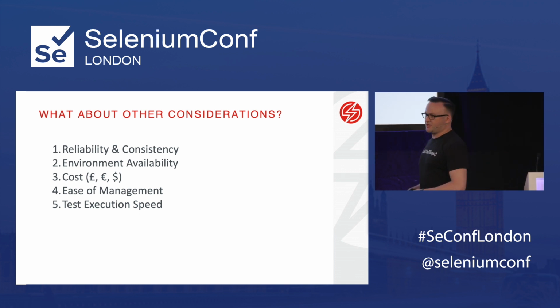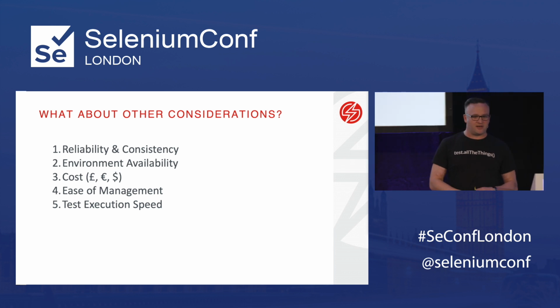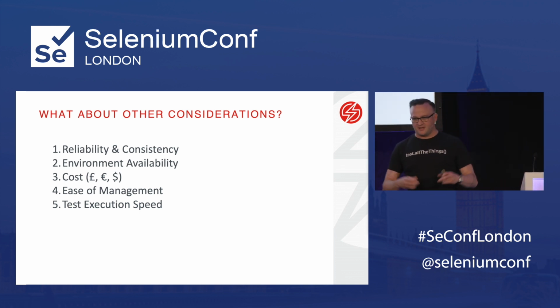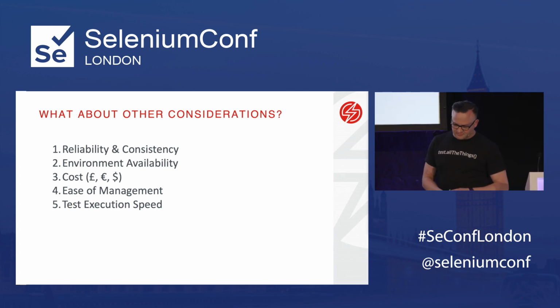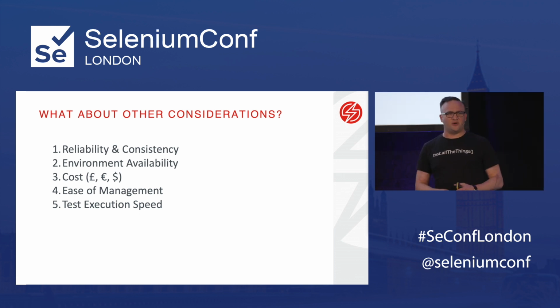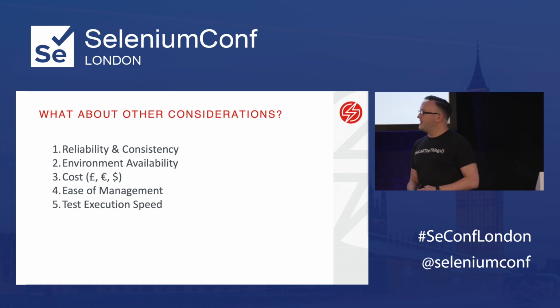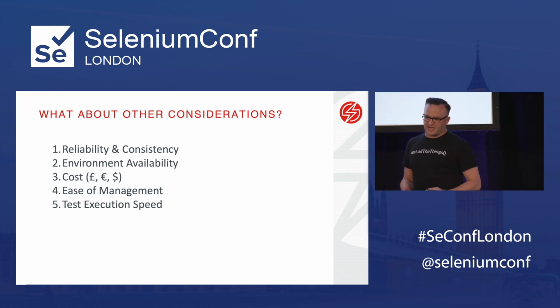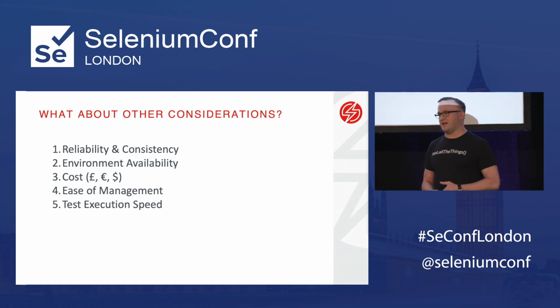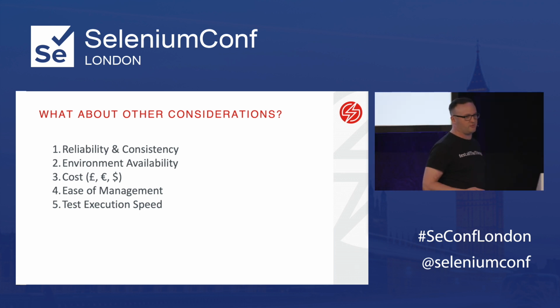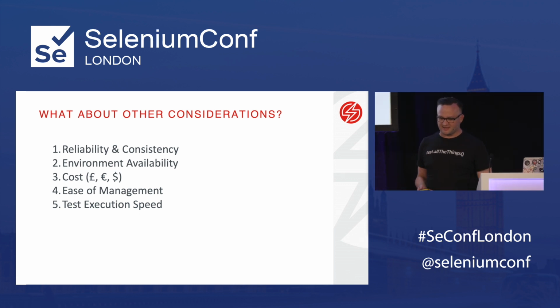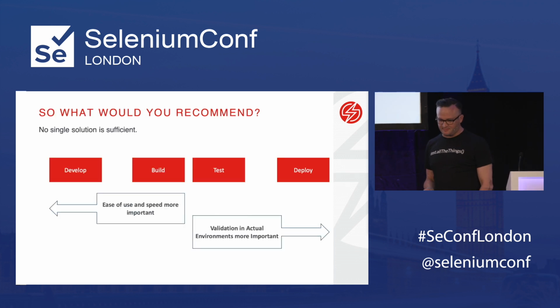Do we want to make sure that a solution for our mobile web testing is going to be feasible? We want to make sure that we're not all stuck with making sure that we have iPhones of different versions sitting around the office. We don't want that management overhead. And finally, we also need to make sure that our test executions are happening as quickly as we need them to happen. And that's particularly important when we consider practices like CI/CD.